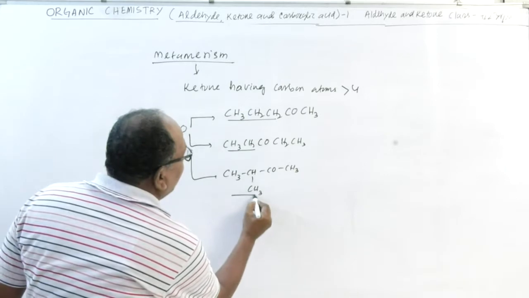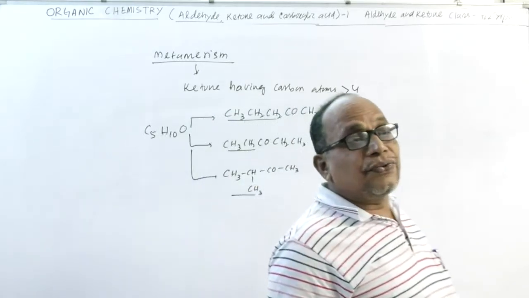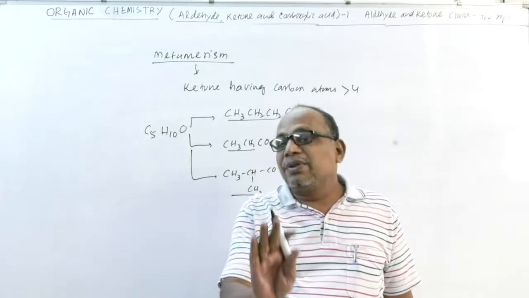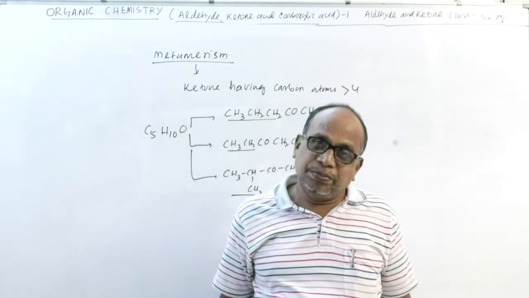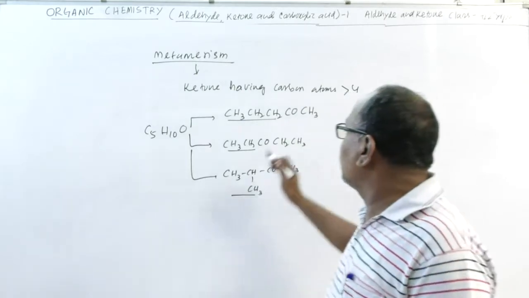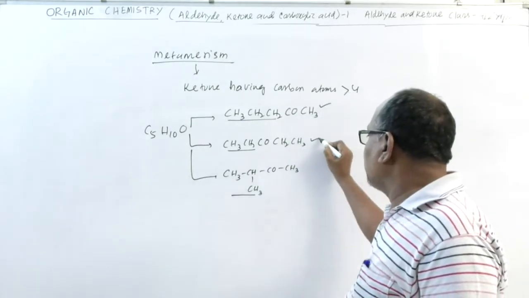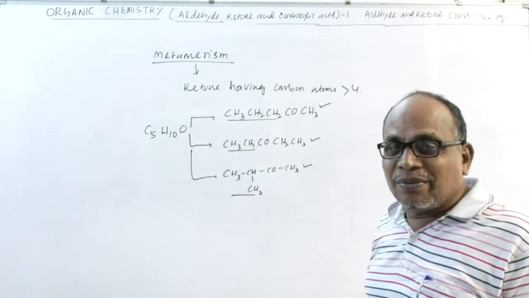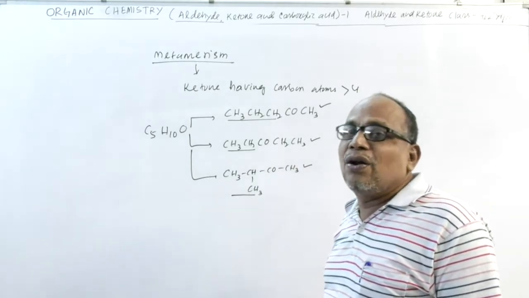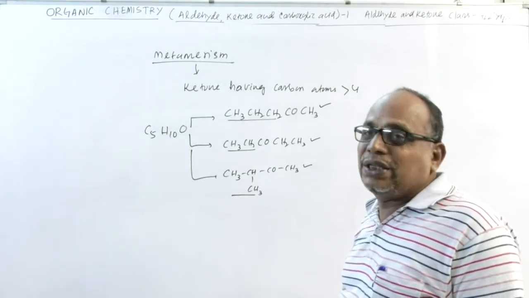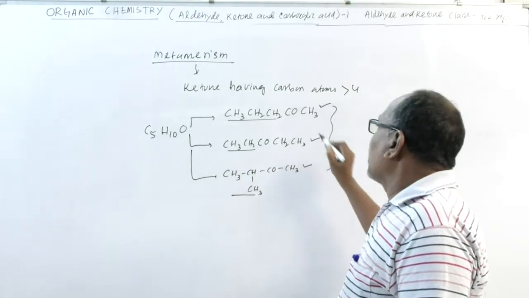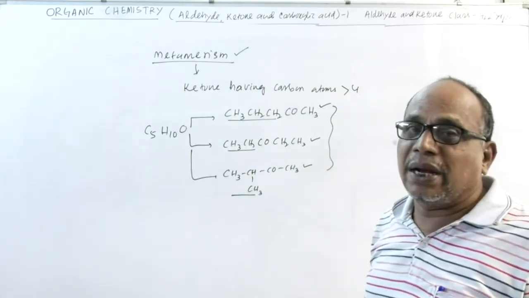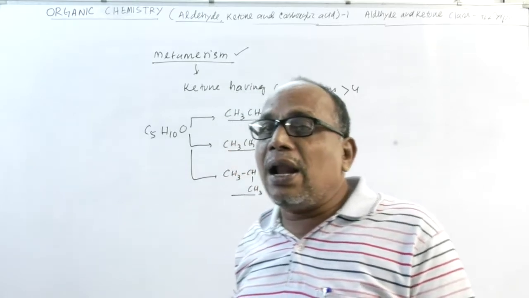You see another type of alkyl group. You might say this is chain or position isomerism, but these are not called chain or position isomerism. These are called metamerism, and these are called metamers.